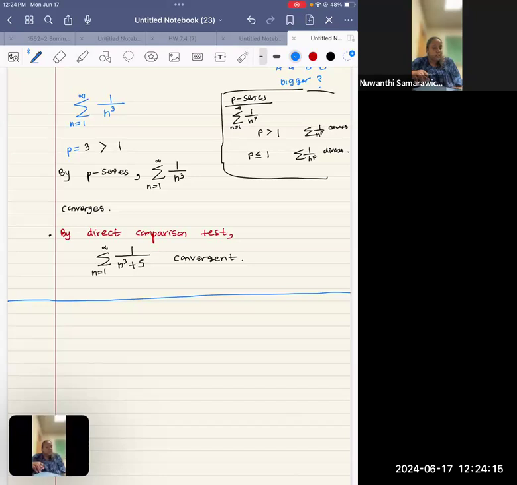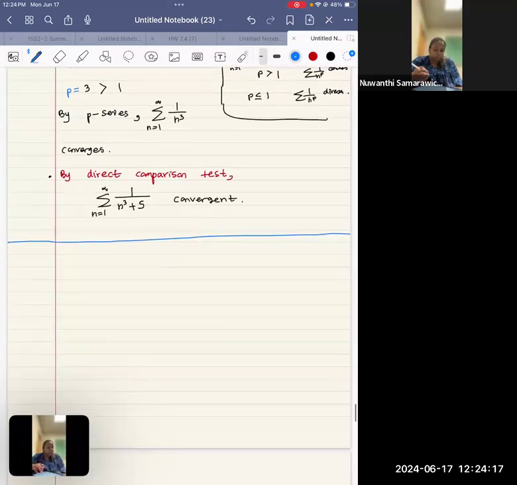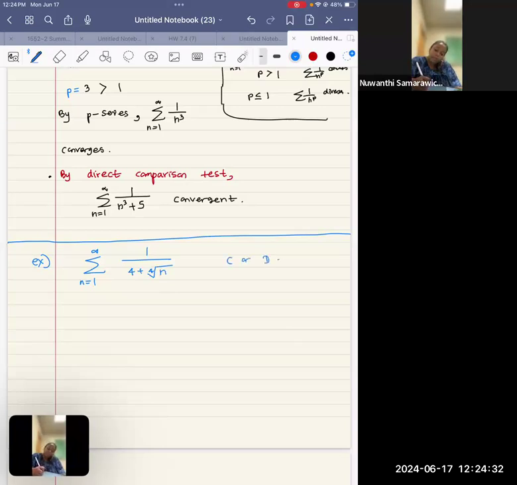Okay, so let's do another example. What about this? Convergent or divergent? Can you think about a series that we are going to use?